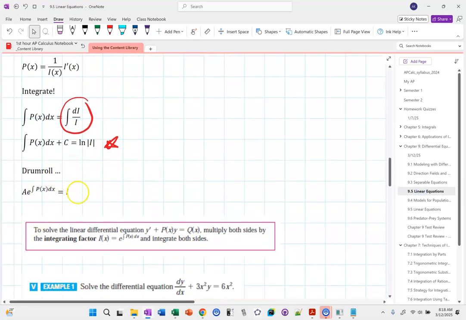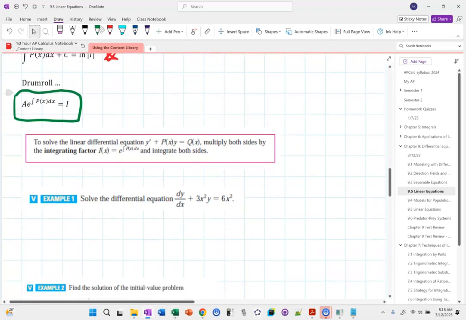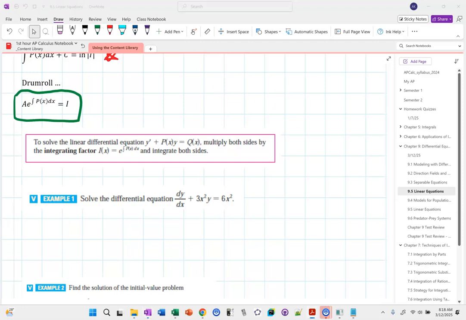So it just turns into a times e to the integral of P of x dx is equal to I. And that is our formula that we're going to use to find our I's. Okay, so let's do an example here in practice.